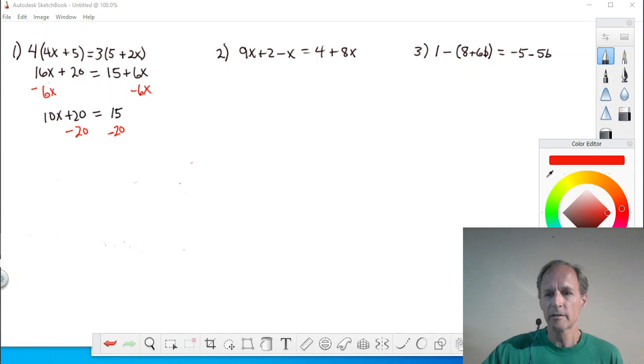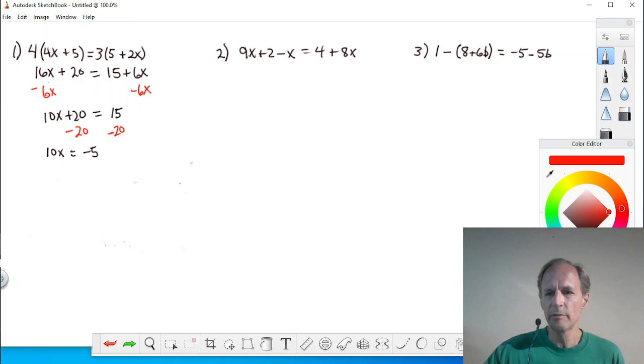Okay, and that gives us on the left 10x, just like we wanted. On the right, 15 minus 20, negative 5. Okay, so now we're going to divide both sides by 10, right? To isolate the x. I'm going to go back. I want to leave that black.